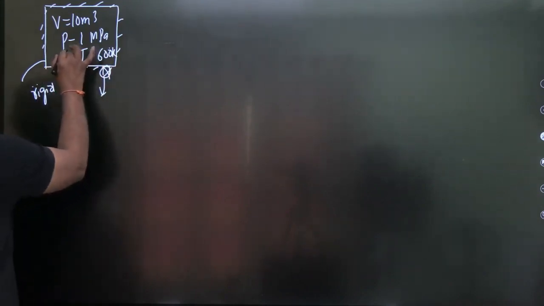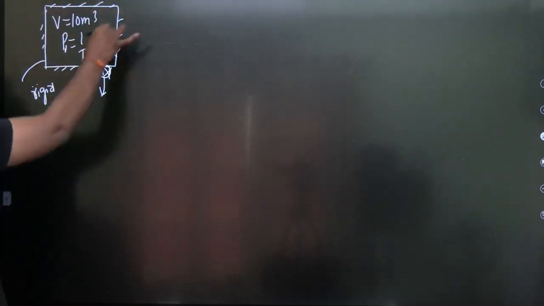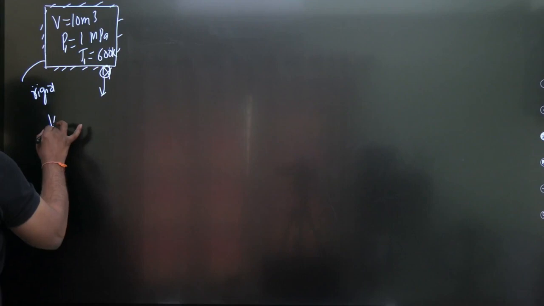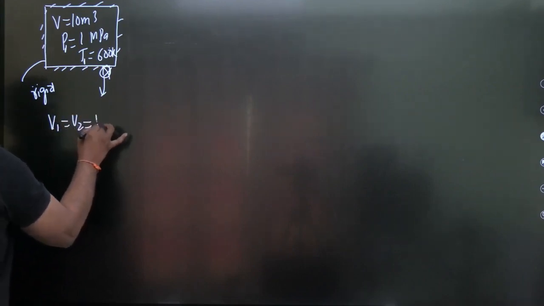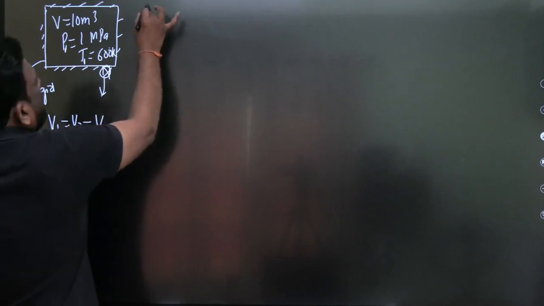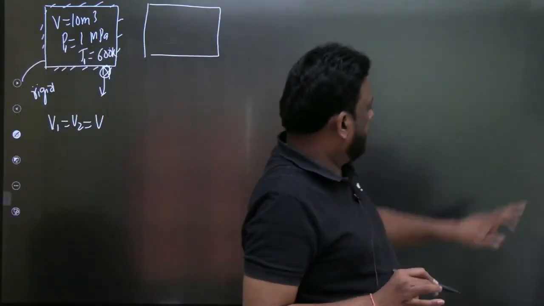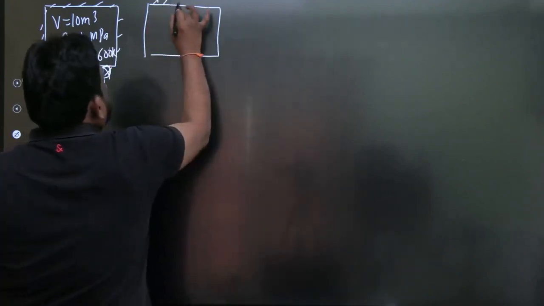These are all initial conditions. I am not writing V1, V2 because it is a rigid container, so V1 is equal to V2, equal to V. Volume is not changing. Let me show you the final condition.